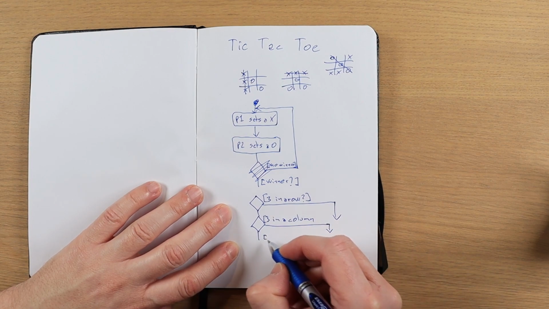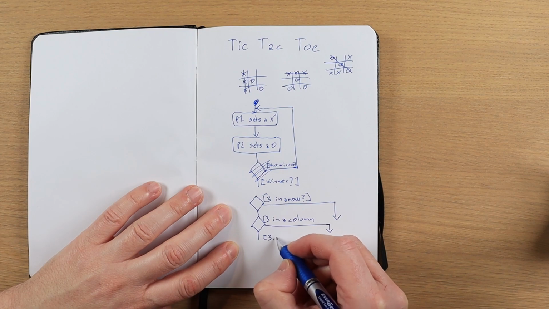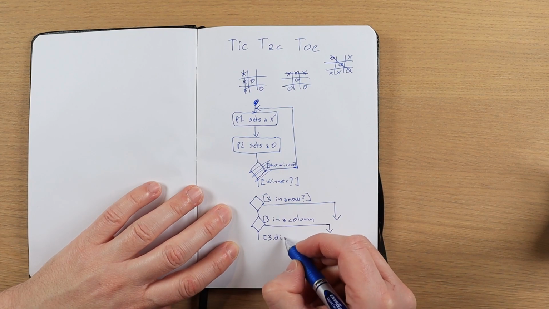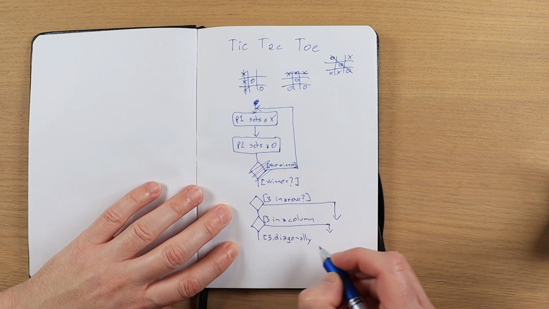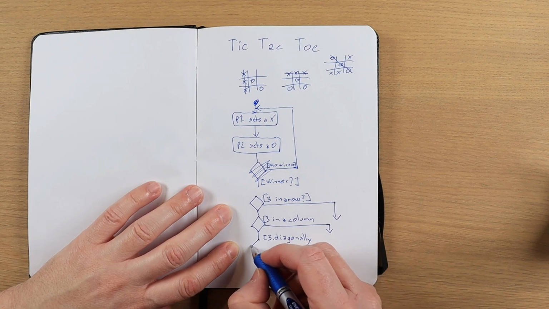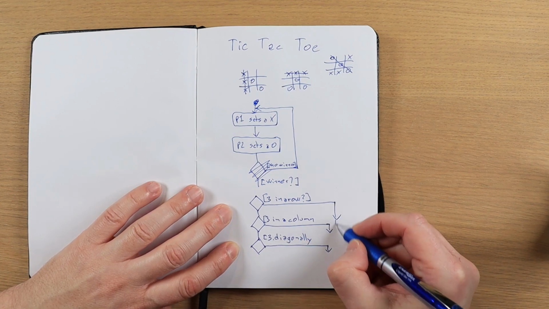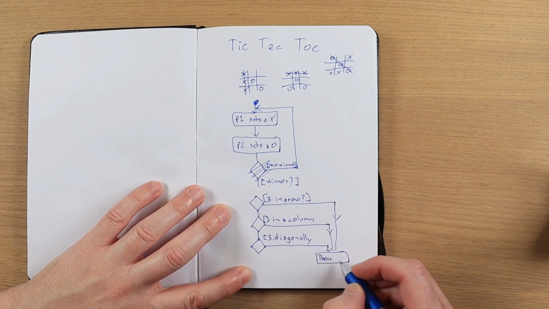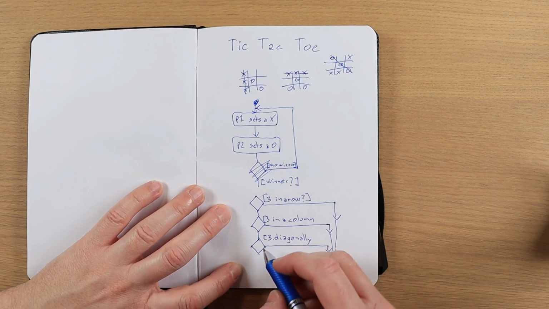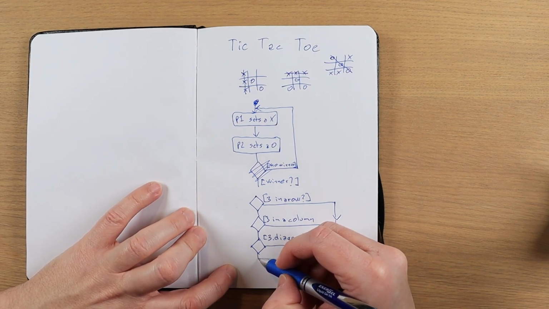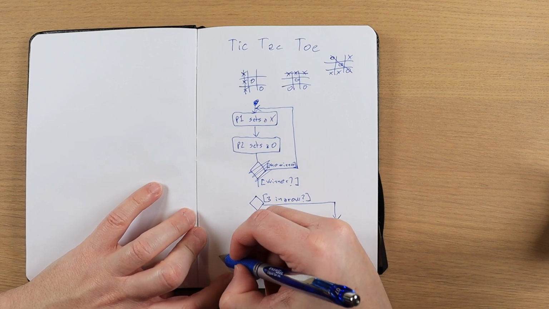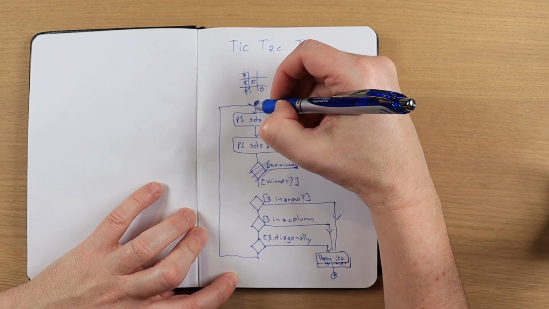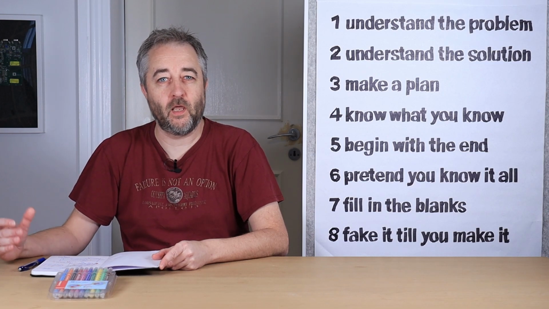Otherwise, are there three diagonally? Unfortunately, this is still not enough. These are the rules for deciding if there is a winner, but I haven't really figured out how a winner is determined, as I will figure out when I try to program this. And otherwise, if no winner has been found, then we loop around. So that is how the game is played.